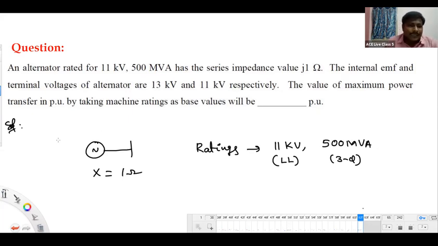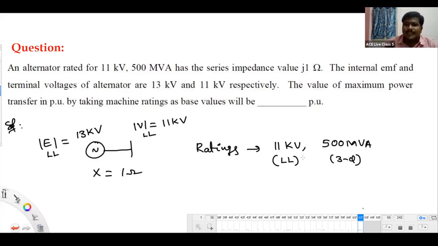Internal EMF, mod E, of course, is a line-to-line value. This is 13 kV. And how much is terminal voltage of alternator? Mod V is 11 kV line-to-line value. Okay, next thing. Listen. What is maximum power transfer capacity of this network, by choosing the base values as machine ratings?